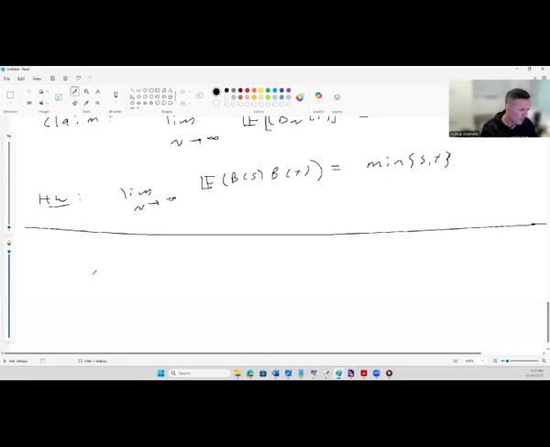So for t between 0 and pi, let y_t of x be the following: 1 if the absolute value of x is less than t, less than pi, and 0 otherwise.